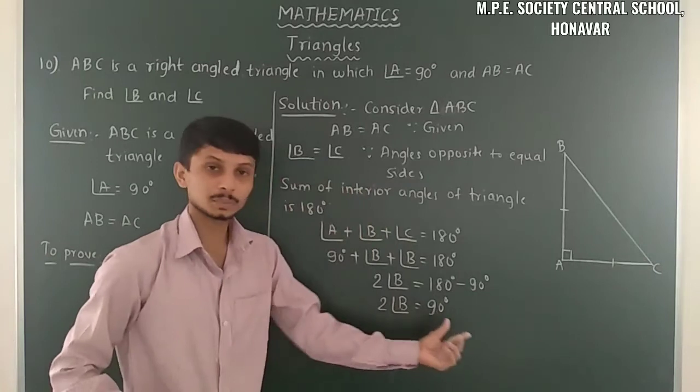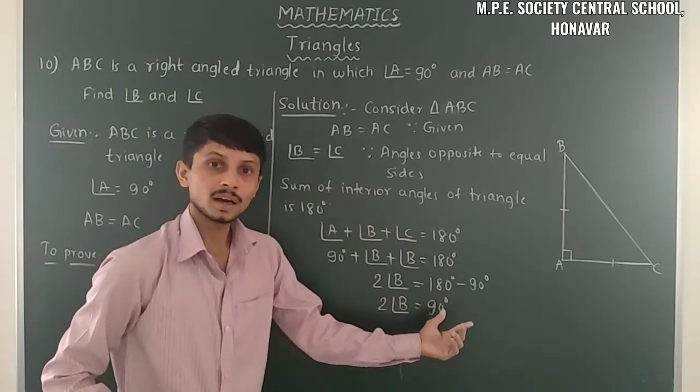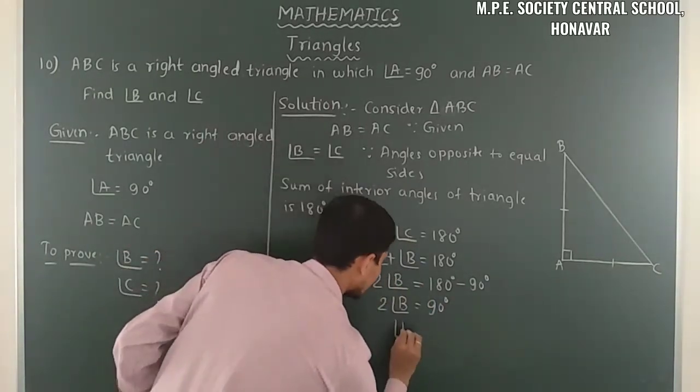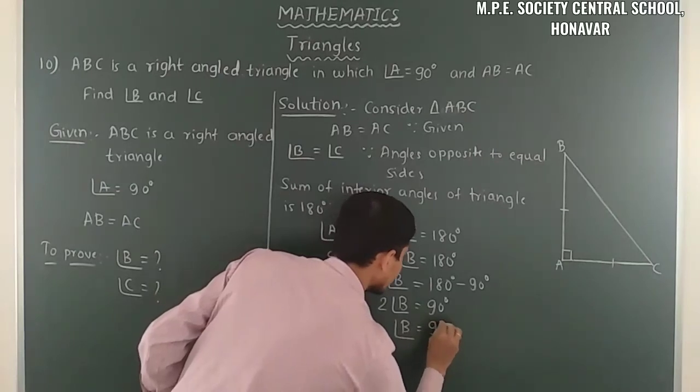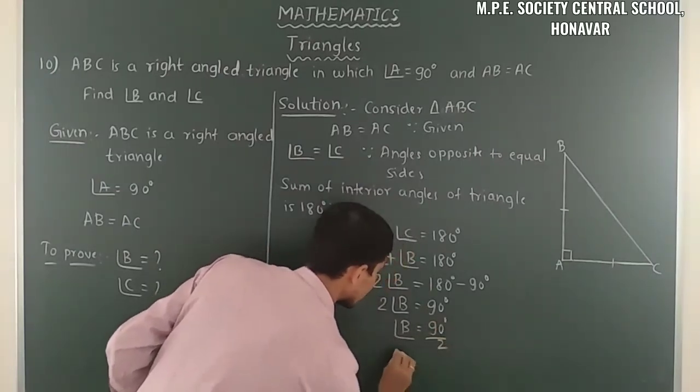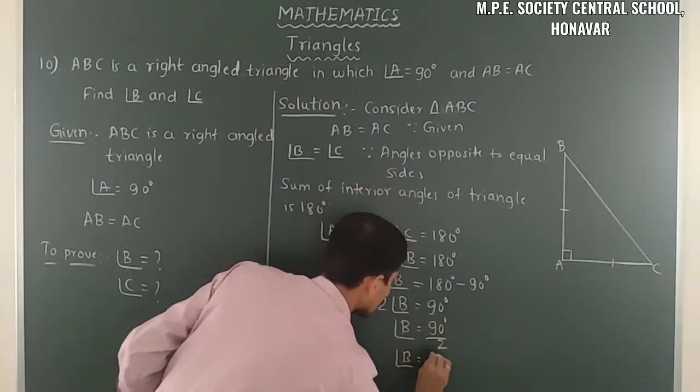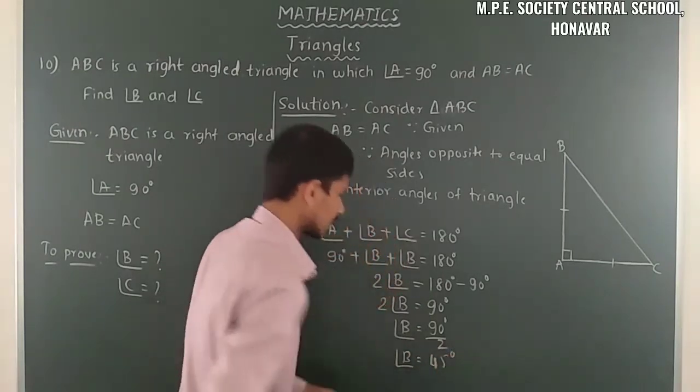After that I will transpose 2 to the RHS, so angle B is equal to 90 degrees divided by 2, that is angle B is equal to 45 degrees.